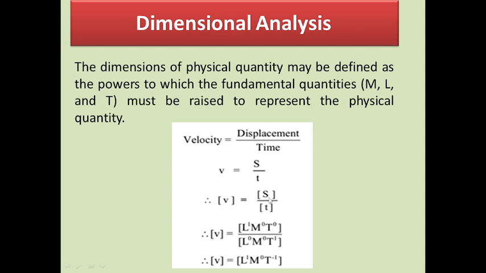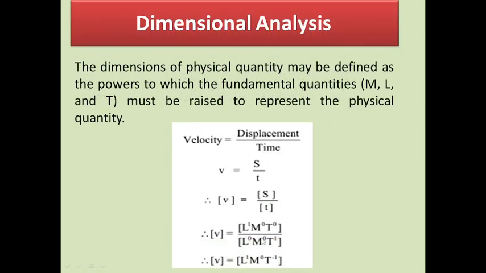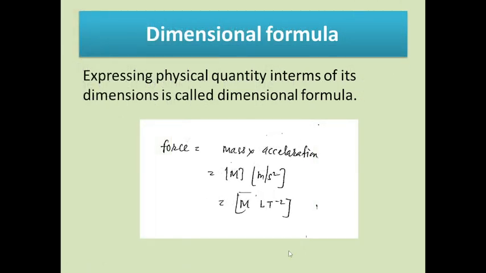Displacement is distance, length, by time. Then if we write the dimensional formula for velocity, mass is 0, so it is M to the power 0, T to the power 0, L to the power 1. In the denominator we have time, so the dimensional formula for velocity will be L to the power 1, M to the power 0, T to the power minus 1. So like that we have to write.